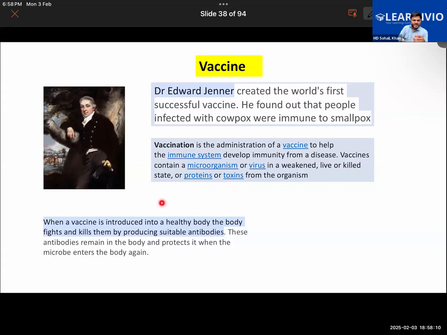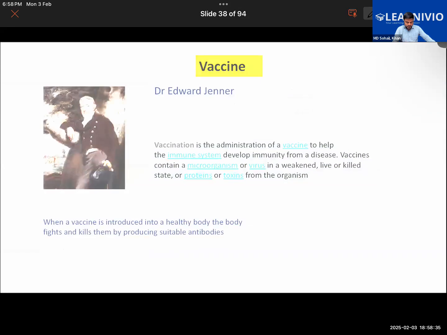So when it is introduced into the body of a healthy person, the body will start to fight and kill them by producing suitable types of antibodies. And these antibodies are going to remain in your blood. So the next time the actual virus enters your body, it will be able to recognize it and fight it, and hence protect you.